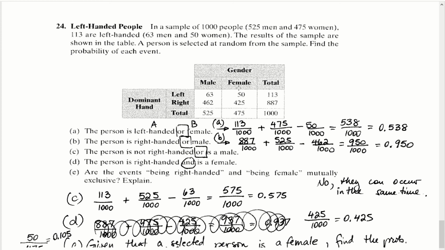Probability of a female would be these 475 out of 1,000 minus the probability of a left-handed female. Well, the left-handed females would be these 50 out of 1,000. This will leave us with a probability of 0.538.